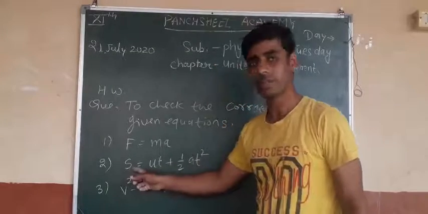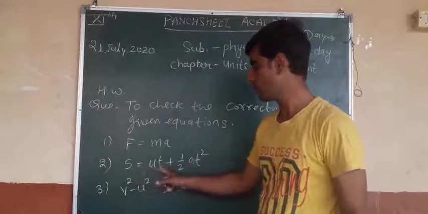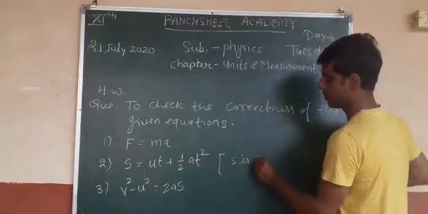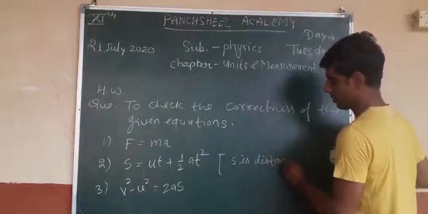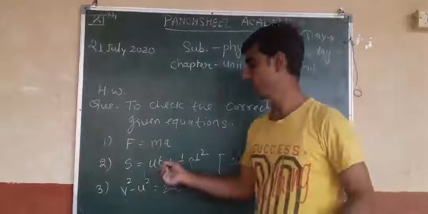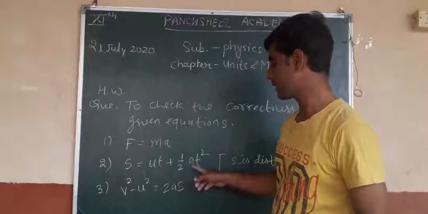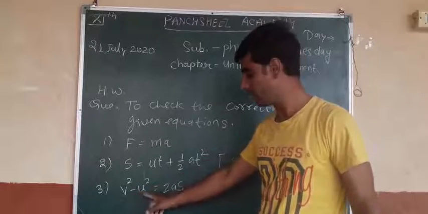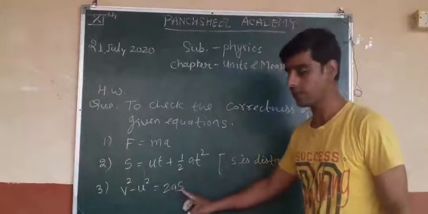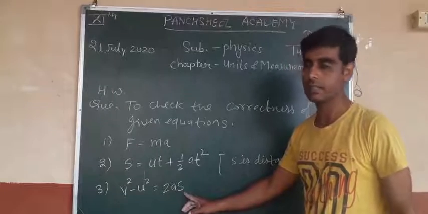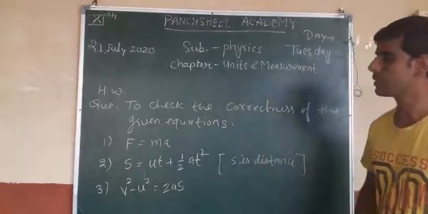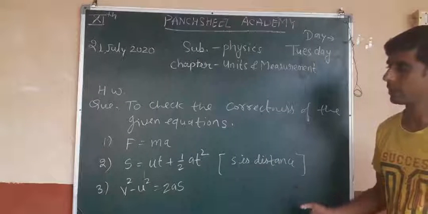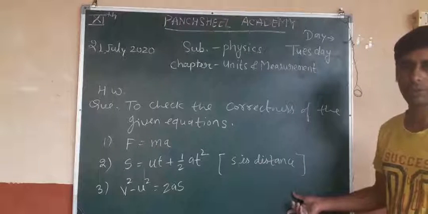Here s is distance, u is the initial velocity, t is time, a is the acceleration, and in the third equation also v is the final velocity, u is the initial velocity, a is the acceleration, and s is the distance. So solve these homework questions and prepare them as notes in your spare copy.